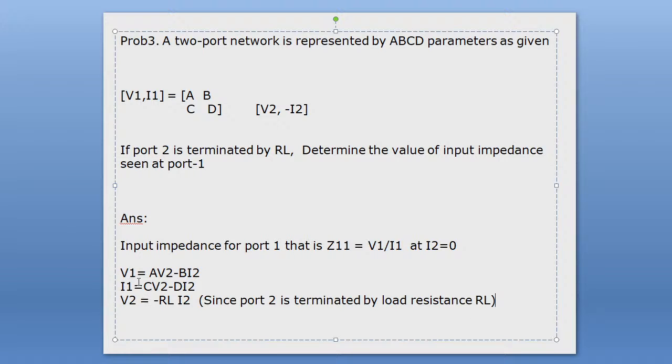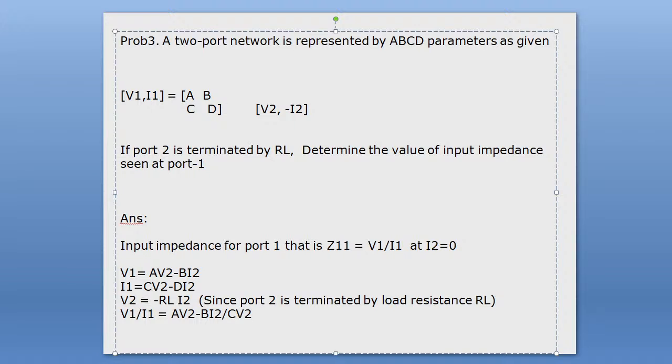Now if you take the ratio of these two terms V1 and I1, then what you will get? You can write V1 by I1, which is equal to Z11, equals A V2 minus B I2 divided by C V2 minus D I2.